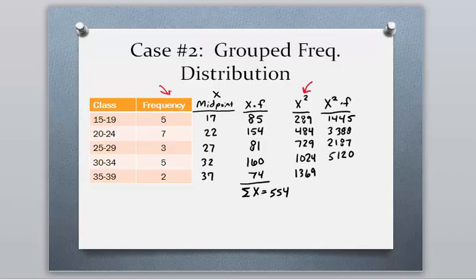And 2 times 1369. And then we're going to add up this column, and this will give me the sum of the x squared values. Bringing the total to 14,878.